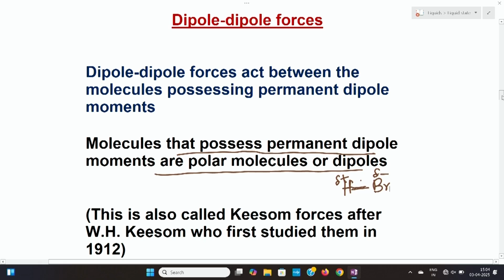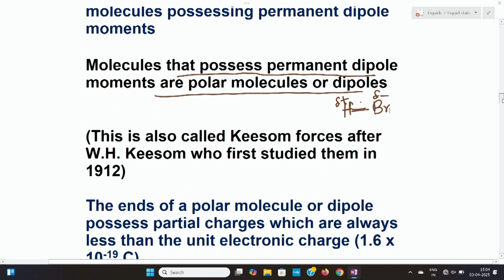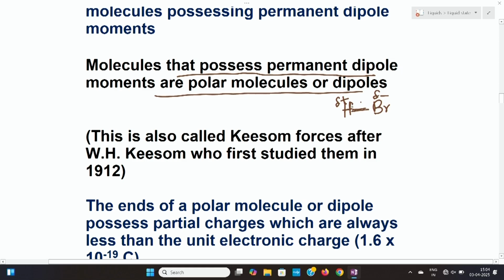Now, when we take this molecule, the hydrogen has a partial positive charge and the bromine has a partial negative charge. These partial charges are always less than the unit of electronic charge.